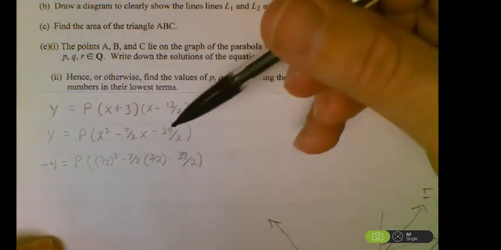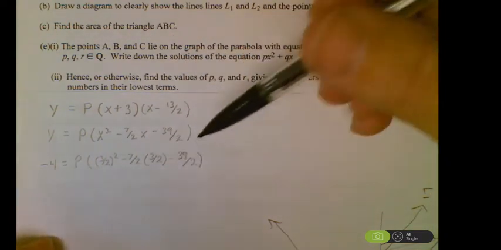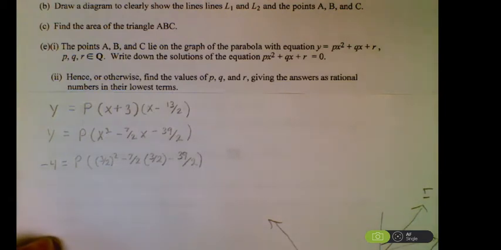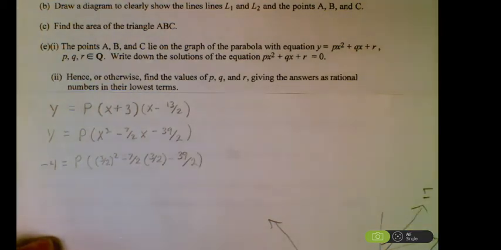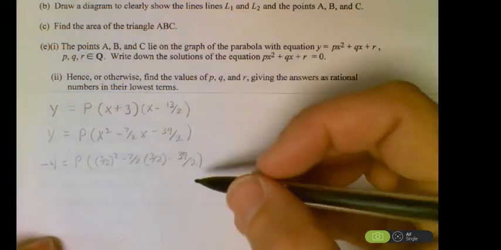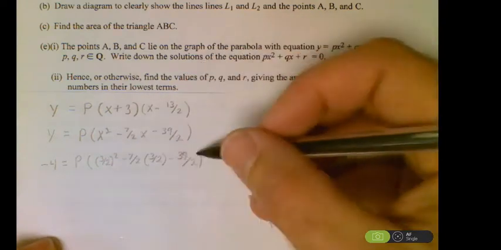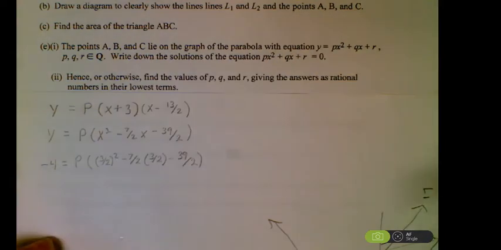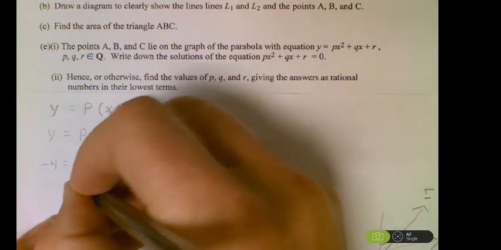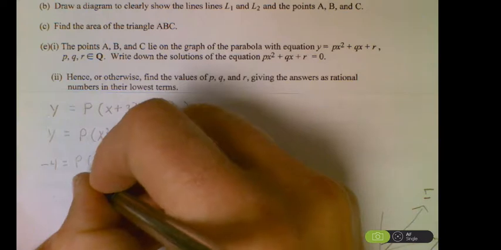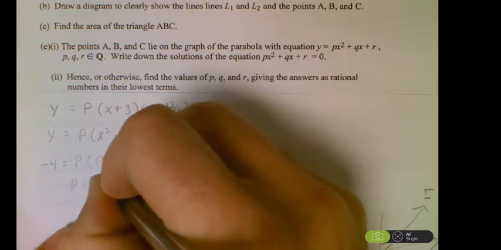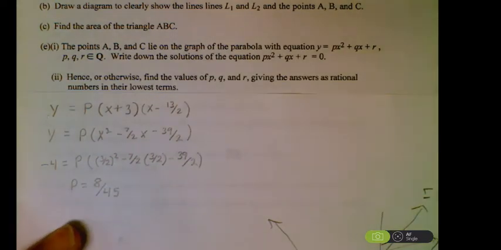So obviously this would be nice if we had a calculator to do this with. It just depends on the test that you're taking, whether it's a calculator or a no calculator test. Obviously if it's a calculator test, we would definitely want to plug that in and take advantage of doing it that way. But one way or another, however you solve for p, you'd have to divide it over into the -4 to get a value for p. So if we solve that, it looks like p comes out to be 8 over 45. So now we got our value for p.